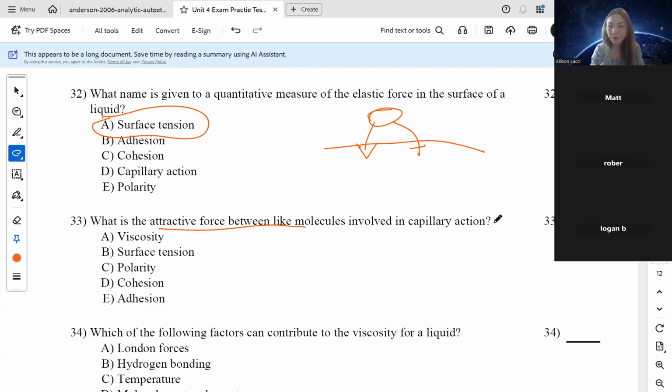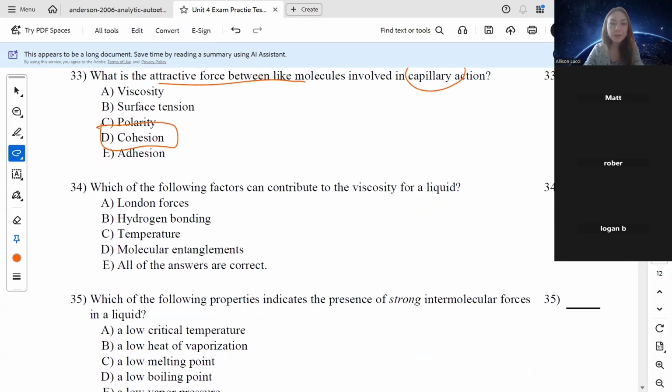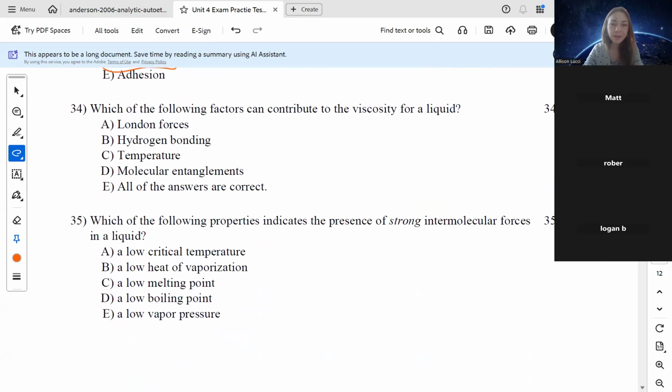The attractive force involved in capillary action. This one's cohesion, right? When we have like molecules, they are cohesive. And then unlike molecules, they adhere or they're adhesive, like a tape sticking on something, right? An adhesive property. But for like molecules, they're cohesion or cohesive forces.